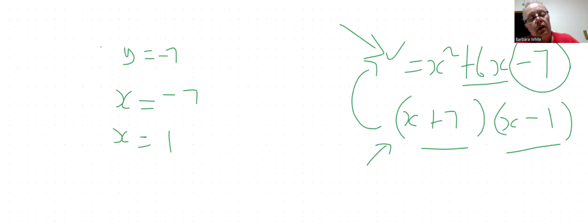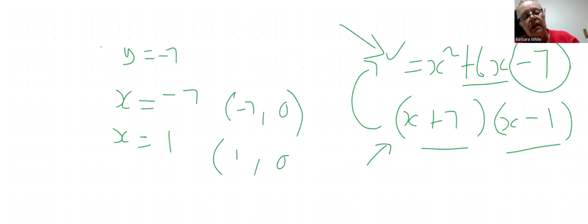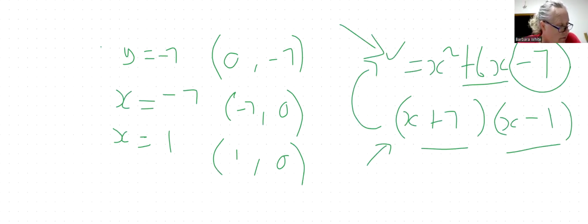So where x equals minus 7, that is the point minus 7, 0. This one is the point 1, 0. And this one is the point 0, minus 7. Okay? X-intercepts and y-intercepts. And what else did we have to do? Turning points.